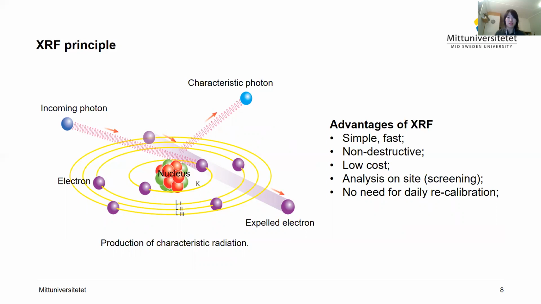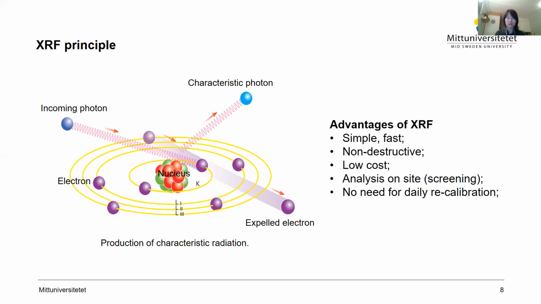The falling electron emits a characteristic fluorescent X-ray photon. The energy difference of the two shells involved is unique and can be used to identify that material. This phenomenon is widely used for elemental analysis and chemical analysis.